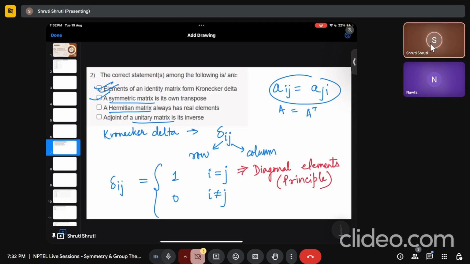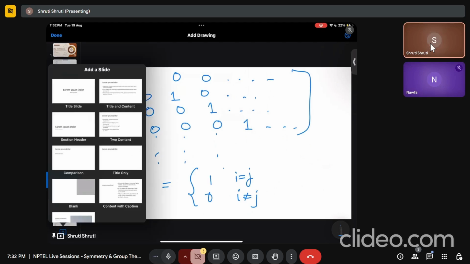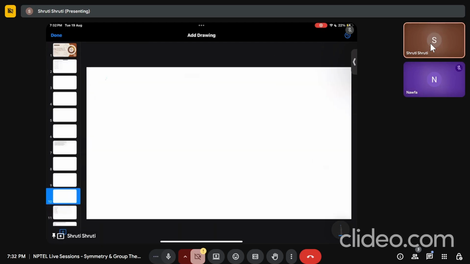A is equal to the transpose conjugate, and this whole thing is written as A dagger.